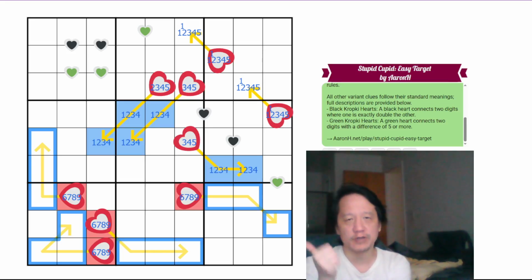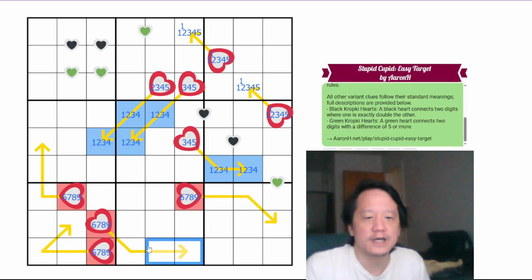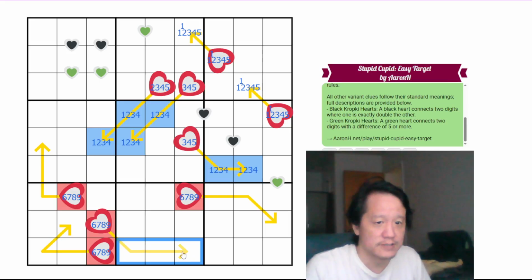And 9 could be 1, 2, 6, 1, 3, 5, or 2, 3, 4. Again, all 3 of those combinations contain 2 digits that are 3 or less. So we know every set of 3 digits here has to have 2 digits from 3 or less.